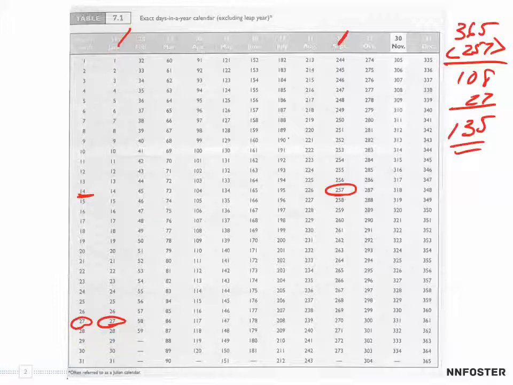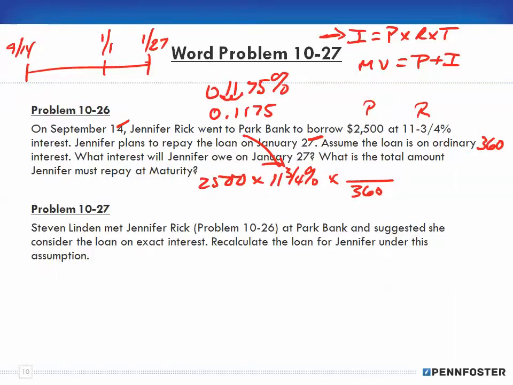Let's go back down to our problem and put in that 135 days in the numerator, and we do the math. We have 2,500 times 0.1175 times 135, and that gives me 39,656.25 all over 360.